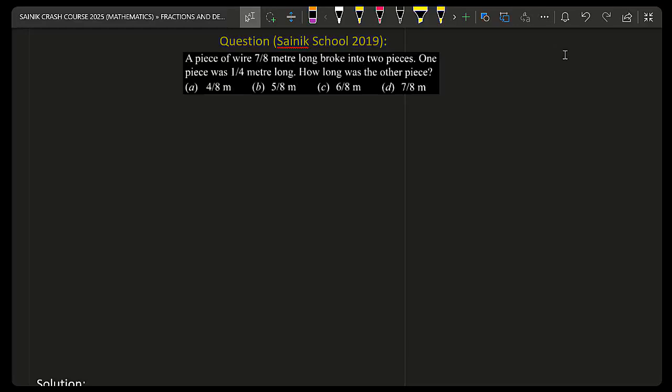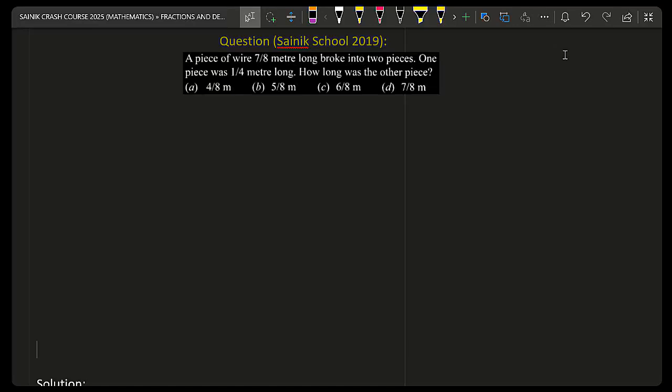Vamshika, first read the question loudly. A piece of wire is 7/8 meters long, broke into two pieces.